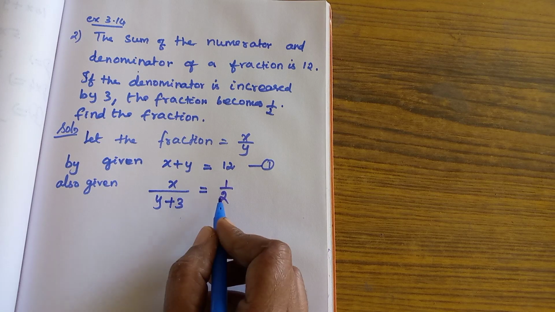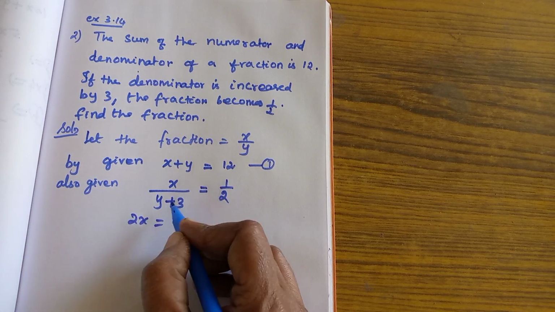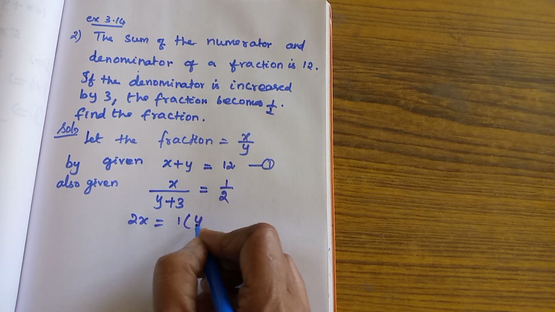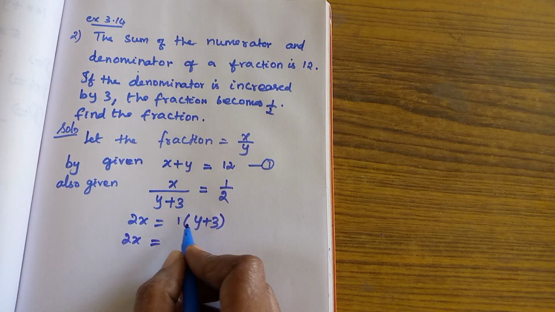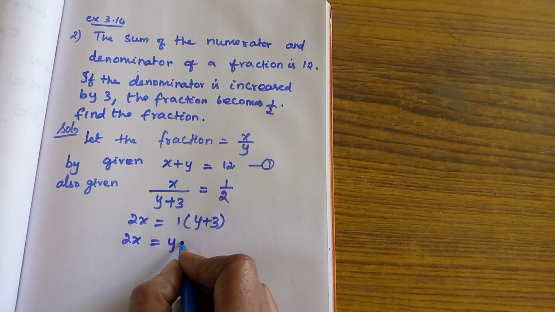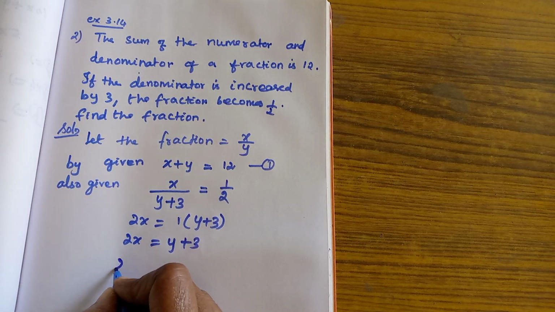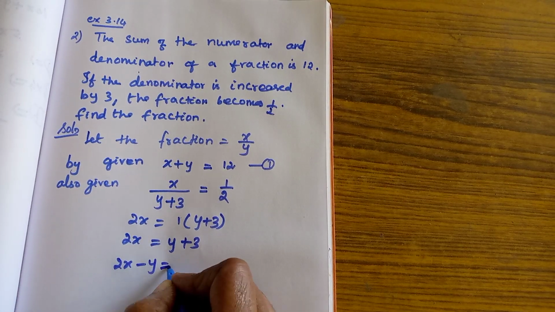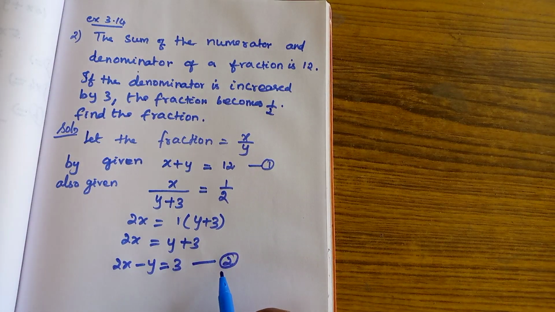Cross multiply it. 2 into x, 2x equal to 1 into y plus 3. 2x equal to y plus 3. This y term bring here. 2x minus y equal to 3. Equation number 2. Let us solve equations 1 and 2.